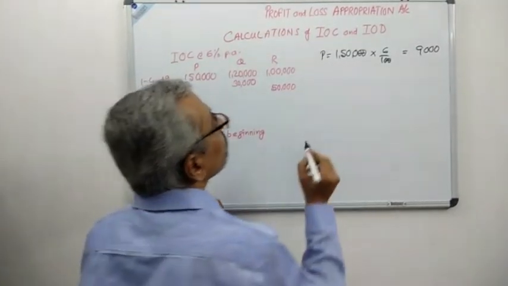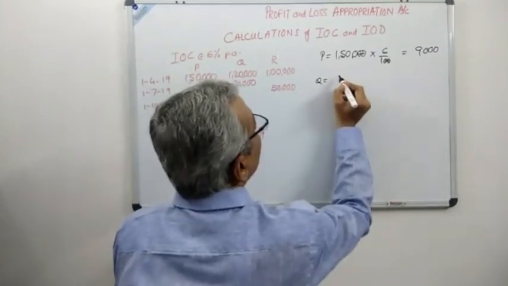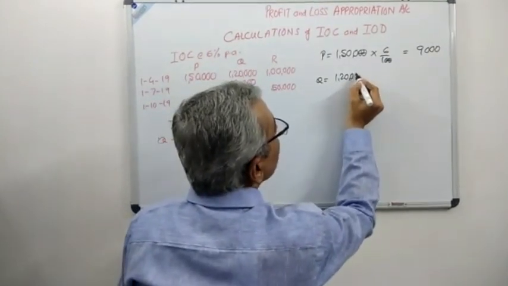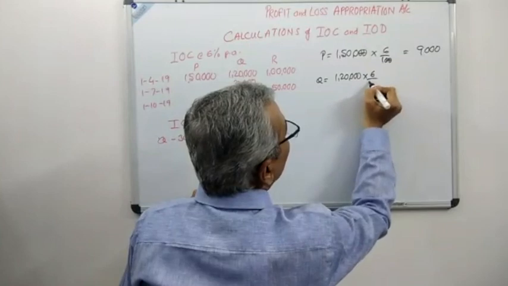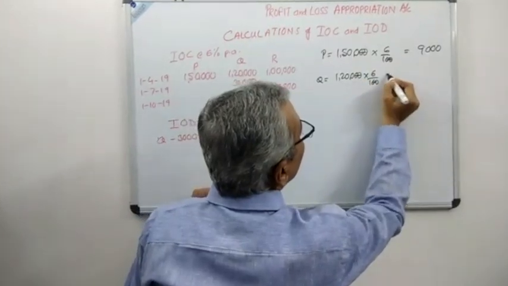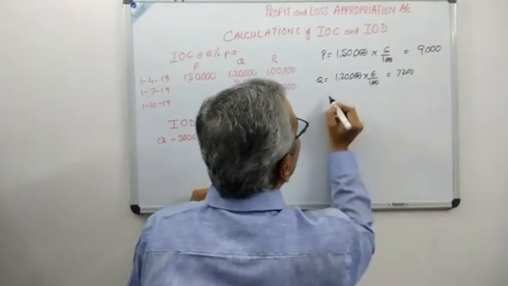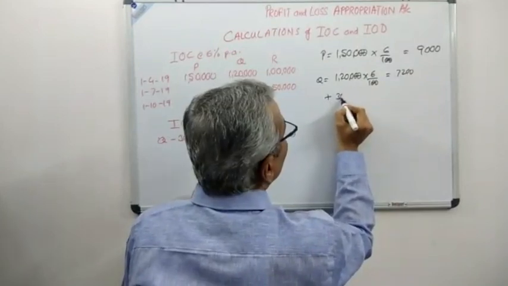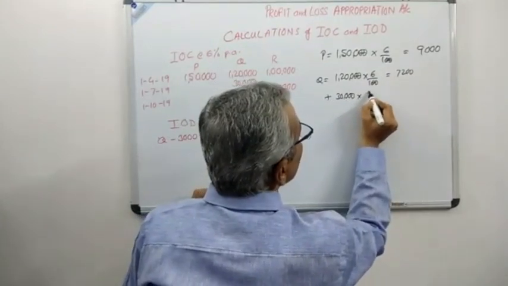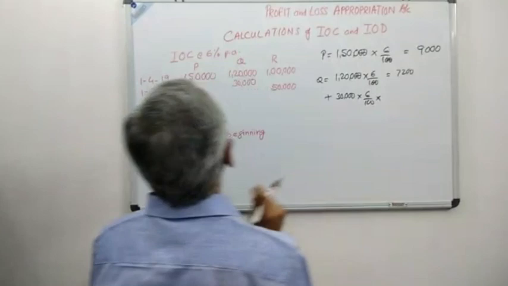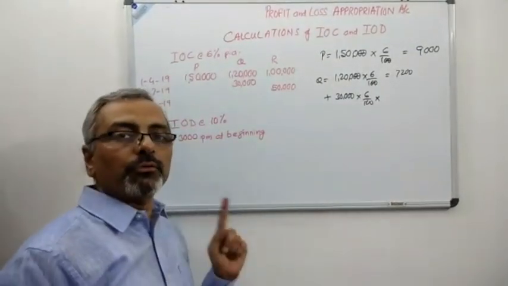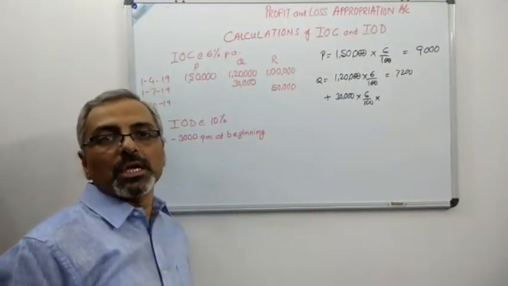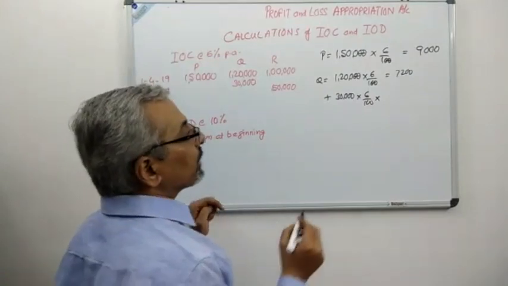Now let us calculate it for Q. Q had invested 1,20,000 in the beginning of the year. So 1,20,000 into 6 by 100 gives you 7,200. Plus there is additional capital of 30,000 which has been invested on 1st of July. From 1st of July to 31st of March is 9 months, so we'll calculate that for 9 months.